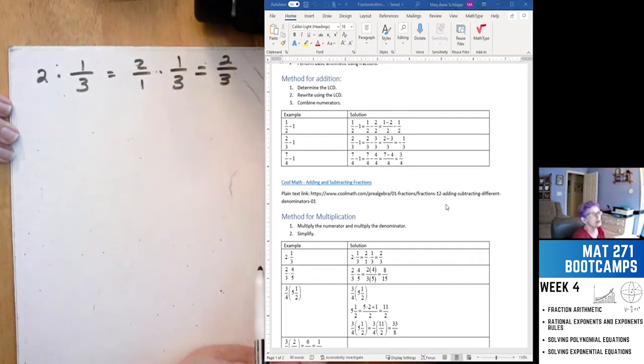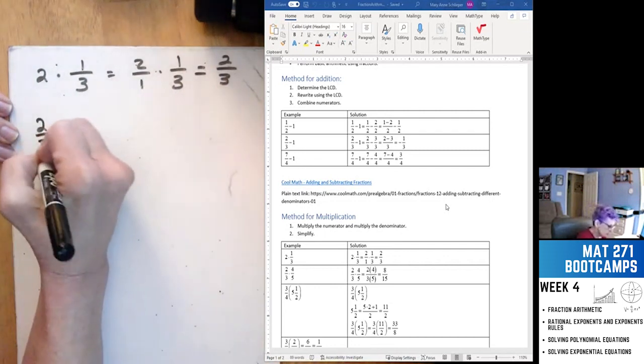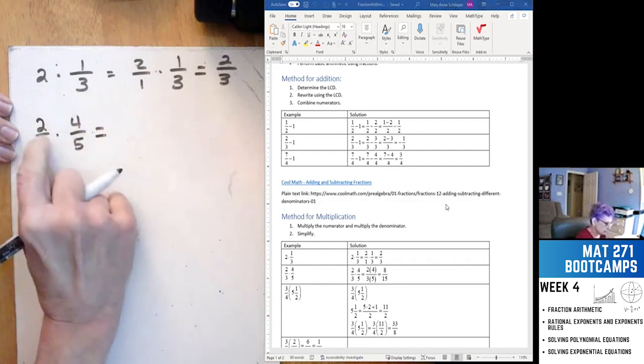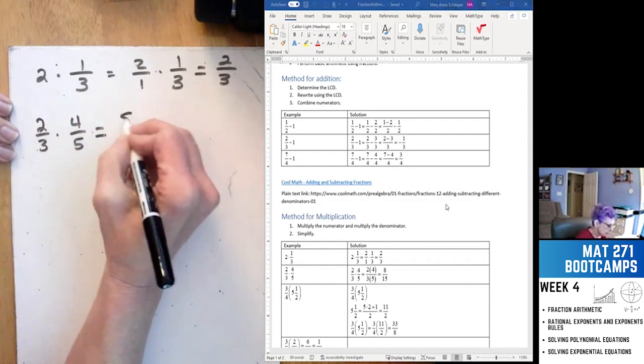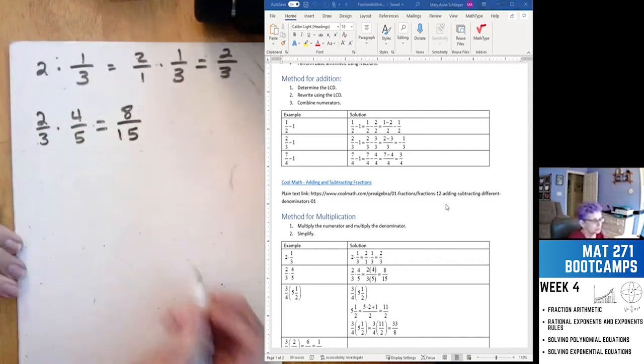So just multiply the top, multiply the bottom. 2/3 times 4/5. Multiply the tops, multiply the bottoms. Easy enough.